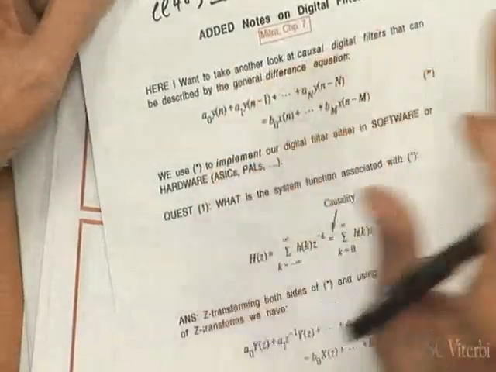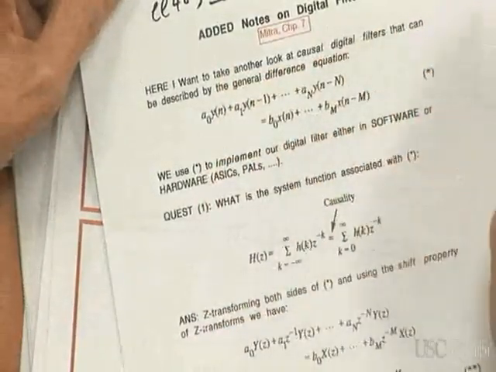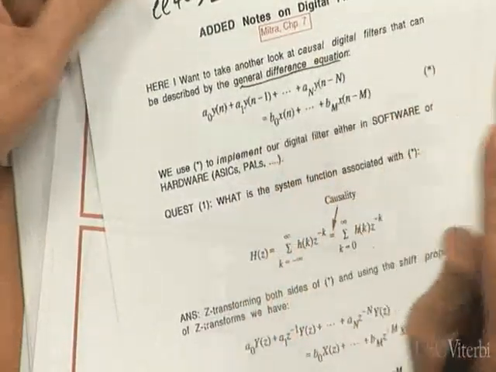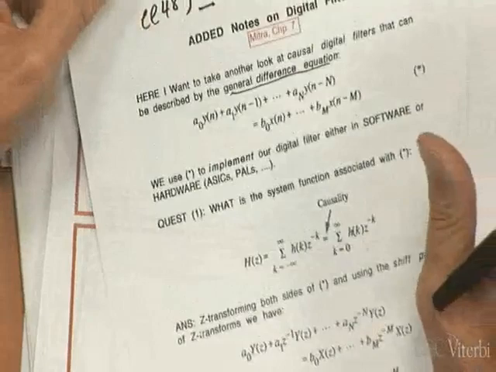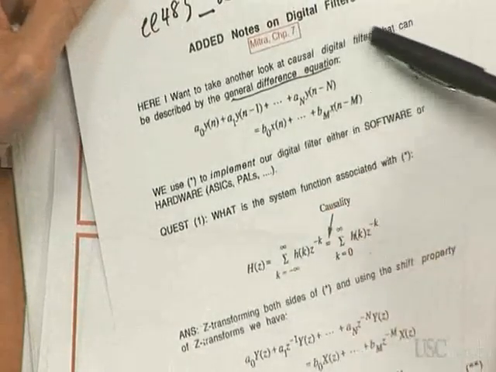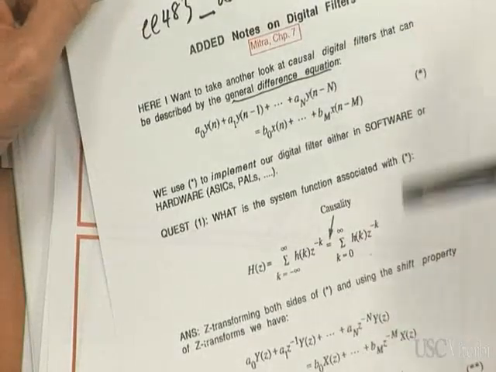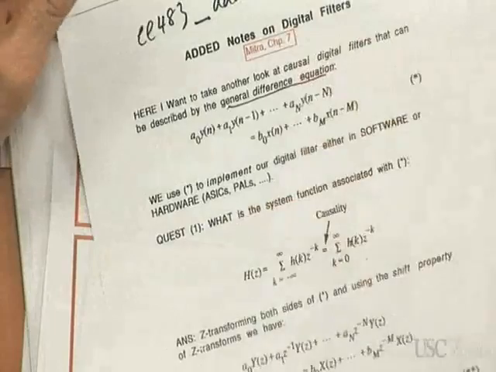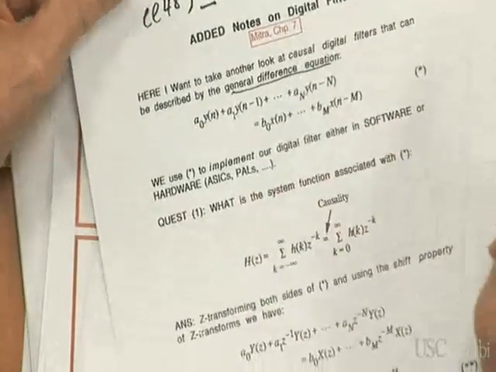I want to take another look at the causal digital filters that can be described by the general difference equation, because when you look at your first class project and a lot of the homework, most of the systems in digital filters that you can implement are described by difference equations.